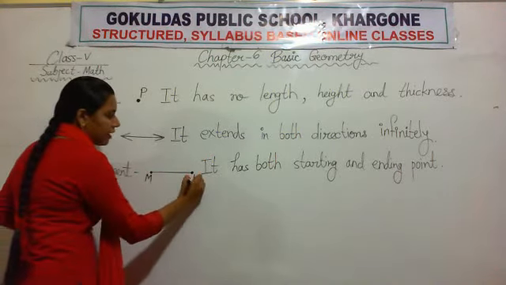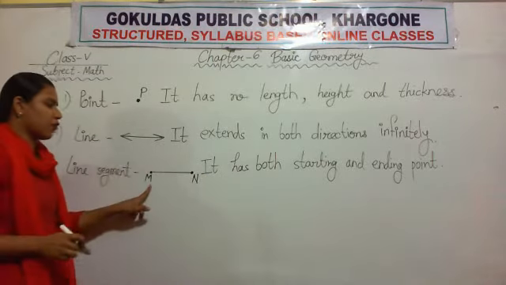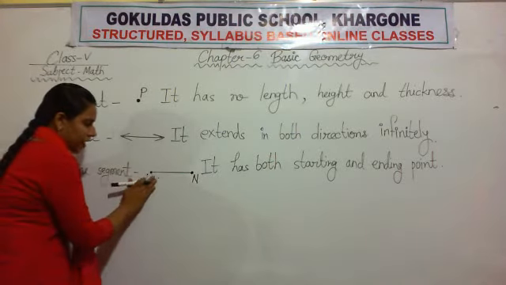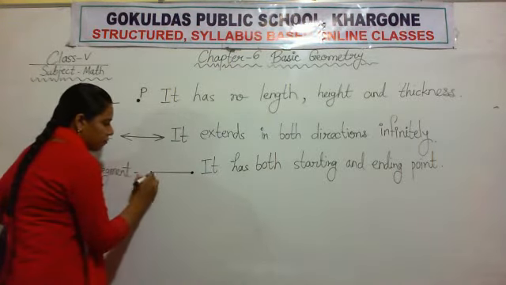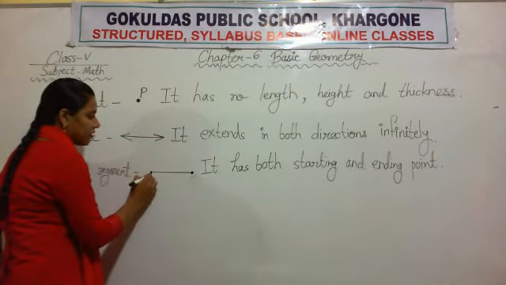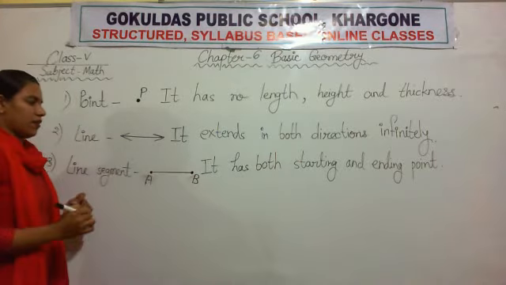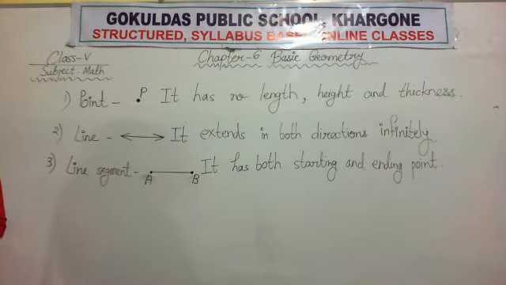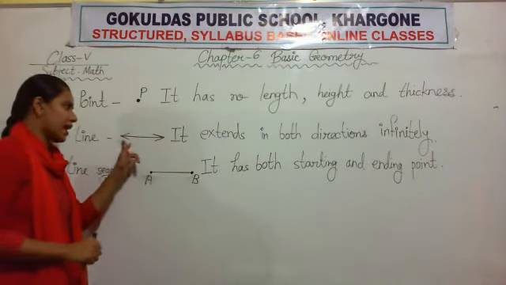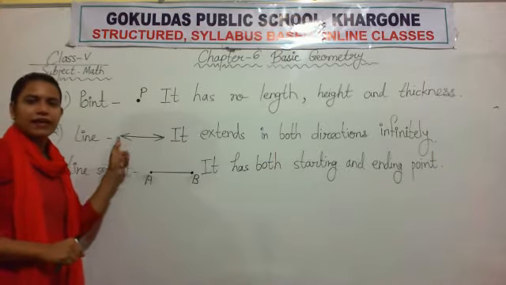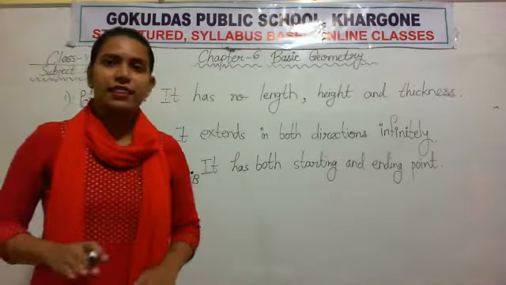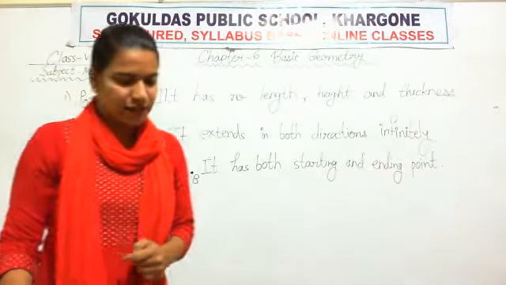I am giving M and N. Starting point is M, ending point is N. You can use any other letters also, like point P, point Q, or point A, point B. So a line segment has two endpoints, a line has no endpoints. It can extend in both directions. A point is just a simple dot, with no length, height or width. I hope you understand these things.